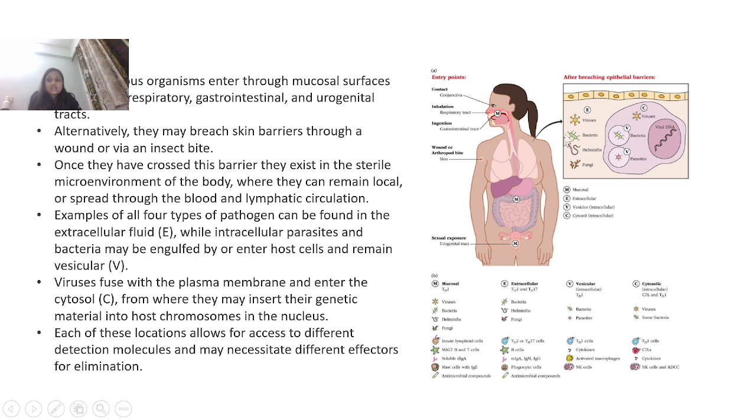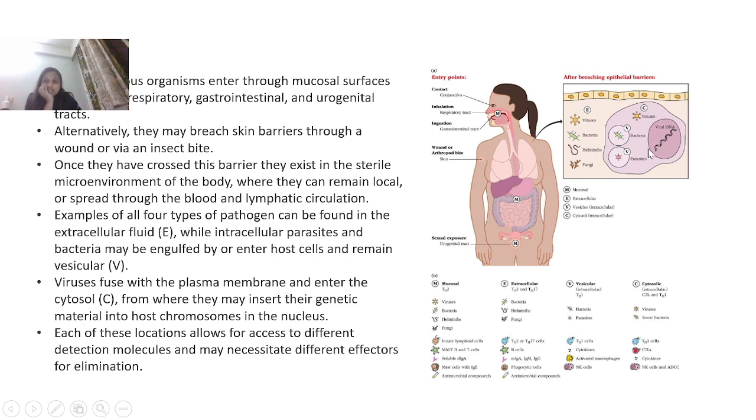After breaching the epithelial barriers, here you can see these are the bacteria, these are the parasites. There will be fungi, helminths, as well as viruses. These viruses can be extracellular, or can enter into the cytosol, or be intracellular. The bacteria will also enter as intracellular bacteria.